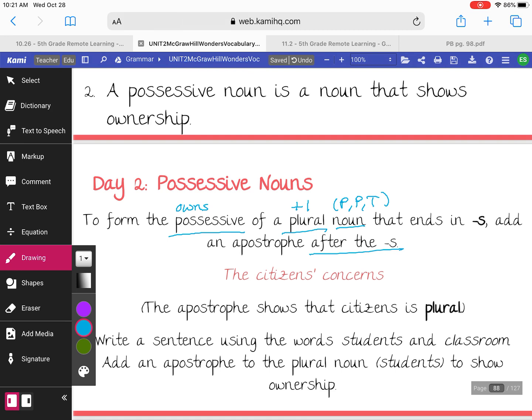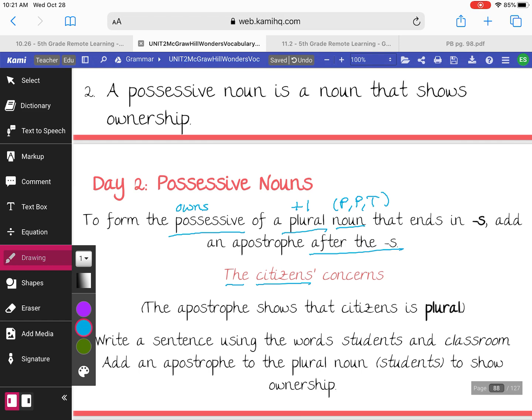So here's the tricky part. You have to ask yourself, when you're doing these, if the noun you're talking about is first a singular or a plural noun, if there's more than one involved. So the citizens. If it was just one citizen, it would be citizen. But because we're talking about the citizens' concerns, there's more than one citizen who has concerns.